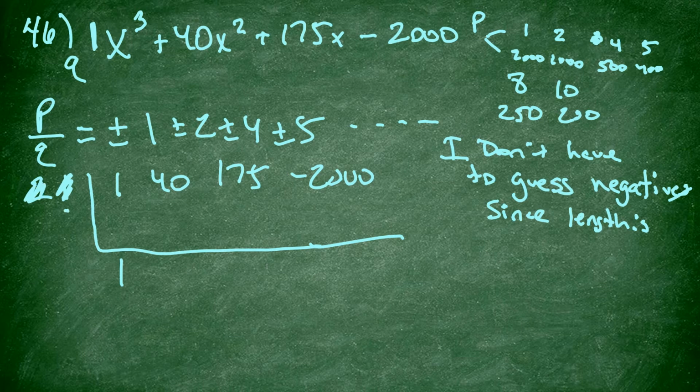This time I'm going to try 3. 1 and 3, 43. 3 times 43 is 129. I get 304. Multiply that by 3, I'm going to get in the 900s, which isn't right. So 3 is not going to work.